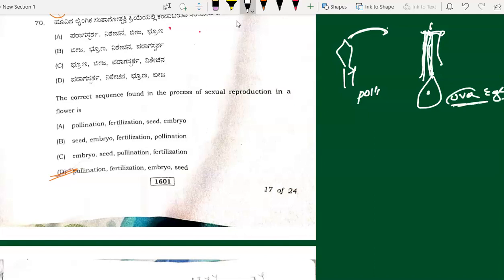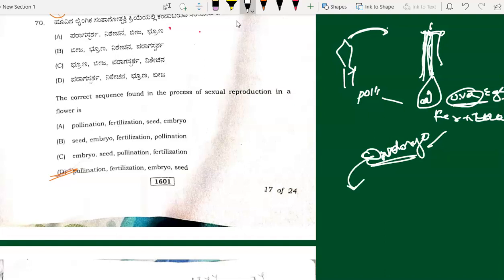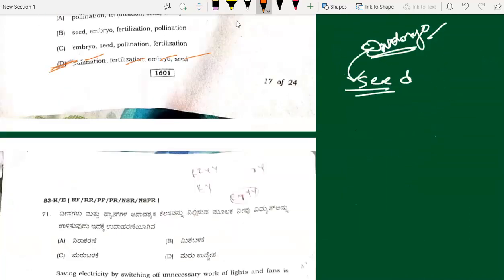Then the pollen enters the ova and fertilization takes place. After fertilization, the embryo will form. After the embryo, you get a seed and fruit. So pollination, fertilization, embryo and seed. This is the right thing. Option fourth one. Okay.